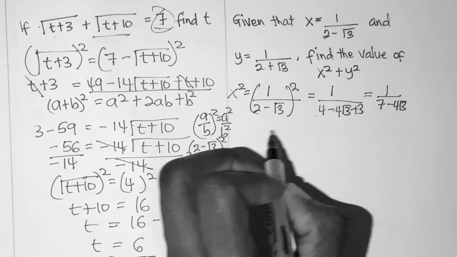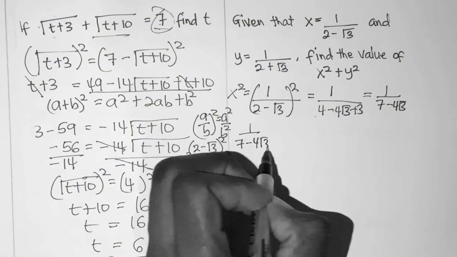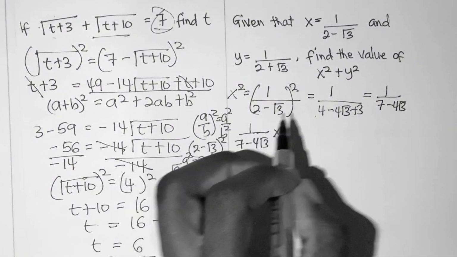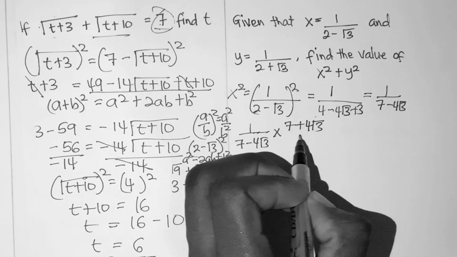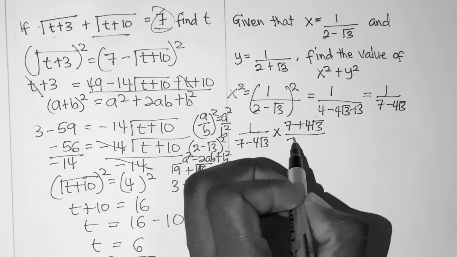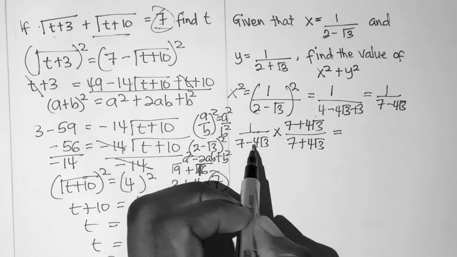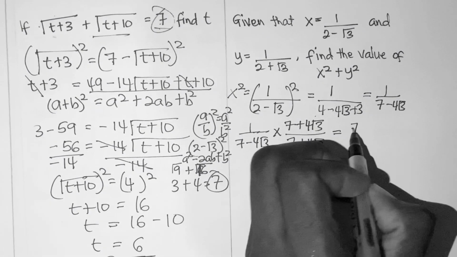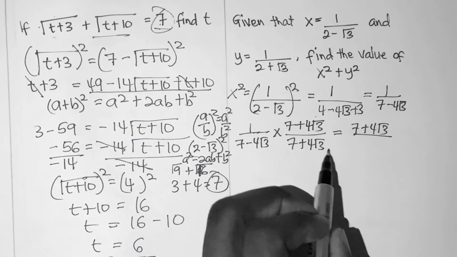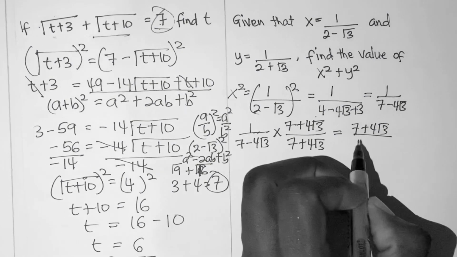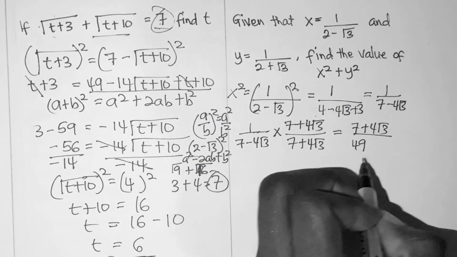So let me write it here. We have 1 over 7 minus 4 root 3. So let's rationalize. We multiply both the numerator and denominator by 7 plus 4 root 3, divided by 7 plus 4 root 3. And this is equal to 7 plus 4 root 3 divided by, now this is a difference of 2 squares. 7 times 7 is 49. 4 times 4 is 16. 16 times 3 is 48.